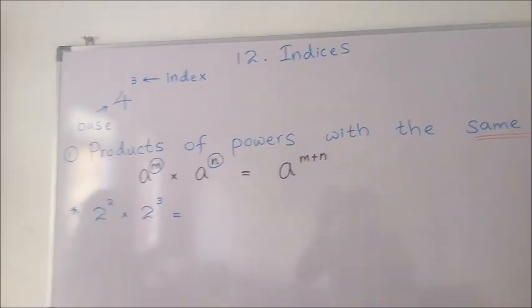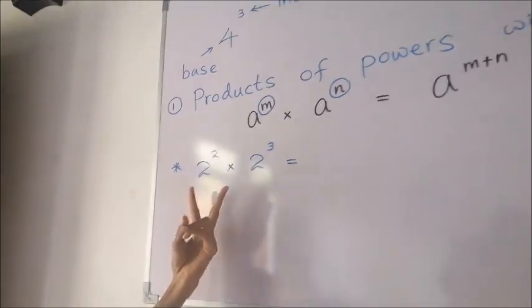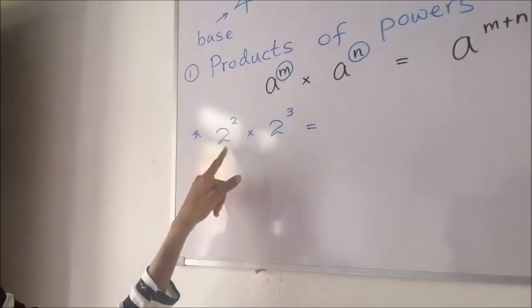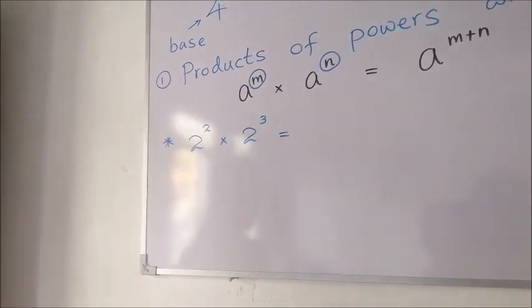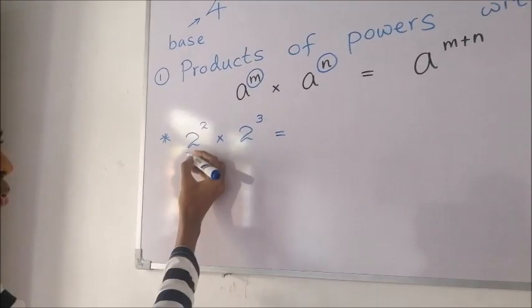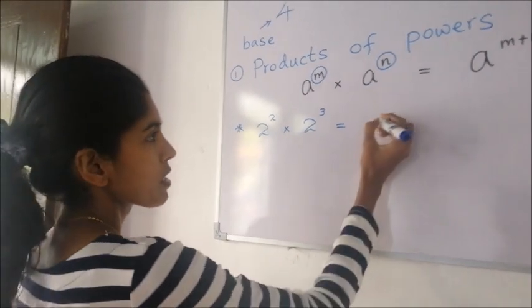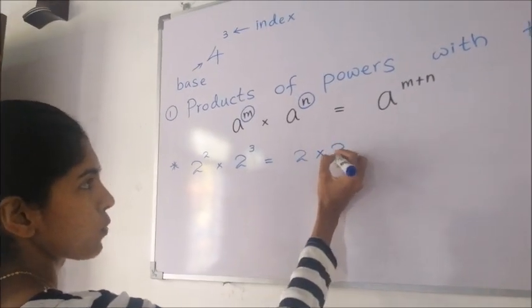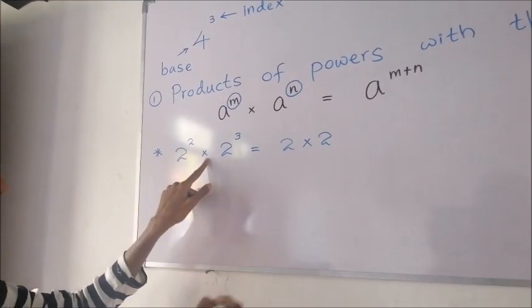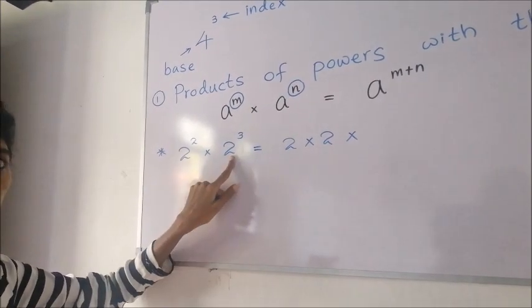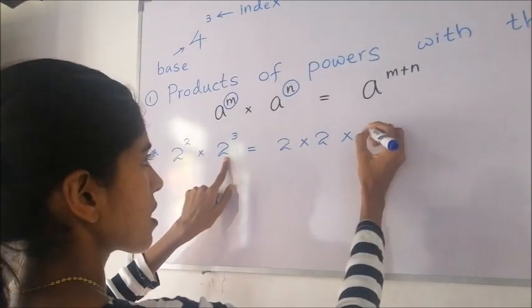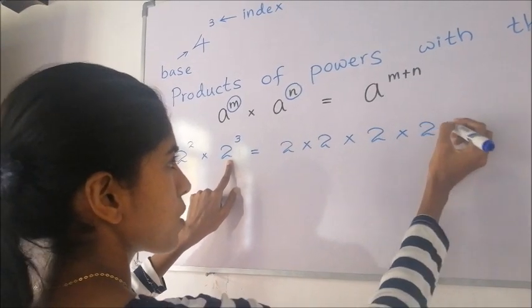For an example, I have taken another two powers with the same bases. Product of two powers with the same bases. 2 to the power 2 can be written as 2 into 2, and thereafter a multiplication mark is also there. 2 to the power 3 can be written like this, 2 into 2 into 2.